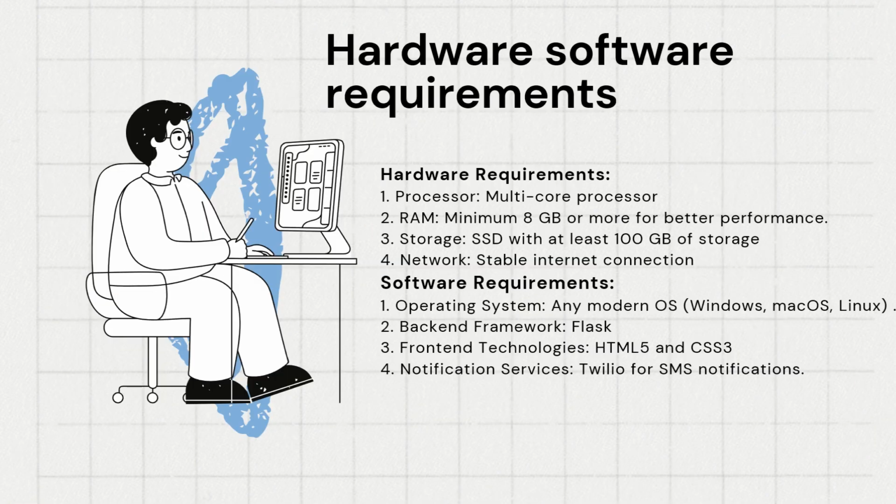Here are the hardware requirements and software requirements. The hardware requirements are a multi-core processor. RAM should be a minimum of 8 GB or more for better performance. The SSD storage must be at least 100 GB to store the data of students and faculties. Network should be stable and reliable.